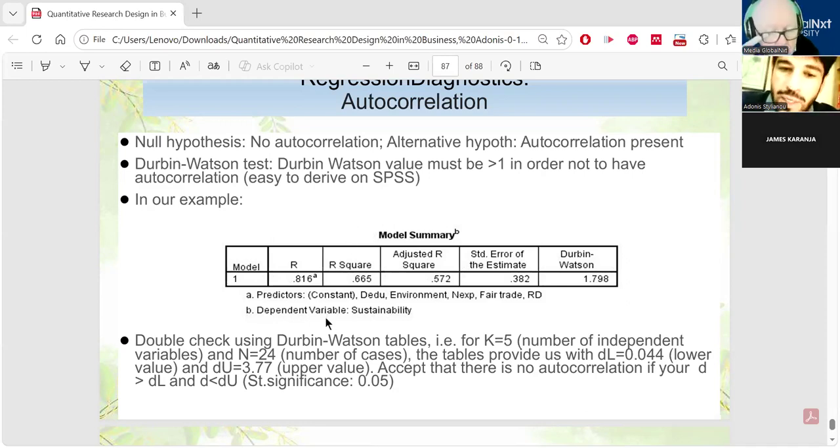Then we calculate the statistic, we compare it with the equivalent tables. Here we have an upper and lower value, and we want our statistic to fall within that range in order to actually say we don't have autocorrelation, to basically not reject the null hypothesis.